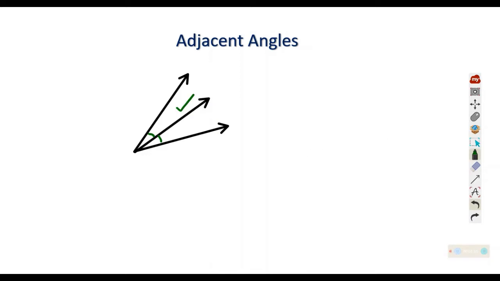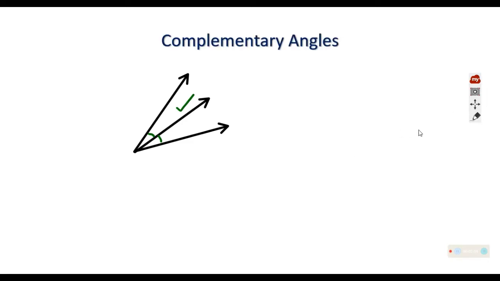Now, if you recollect further, you know that there is a concept of complementary angles. Complementary angles are those pairs of angles whose sum of measurements is equal to 90 degree.